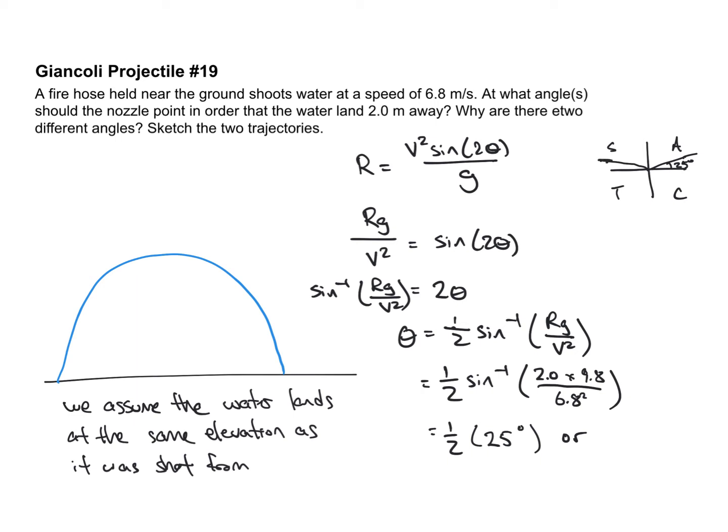So we take that 25 degree reference angle, we draw it 25 degrees away from the horizontal axis in the S quadrant. And we ask ourselves, if I start at the positive x-axis and then go all the way around to my second arm there, how many degrees is that? It's going to end up being 180 minus 25 degrees. So the other answer is 180 minus 25 degrees, which is 155 degrees.